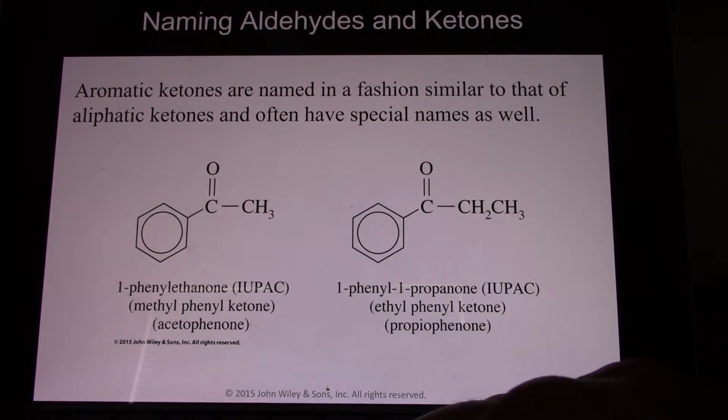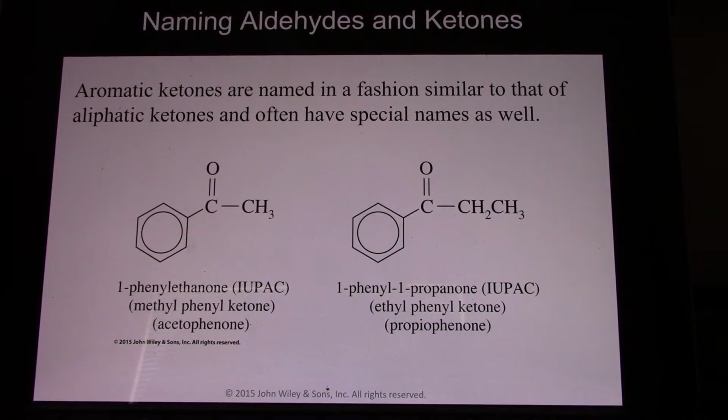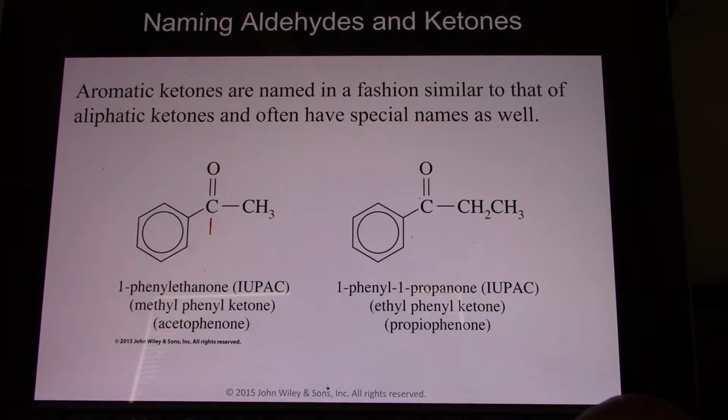And so the official name here is 1-phenylethanone, because the phenyl group is coming off of the 1 carbon. Or the common name, methyl phenyl ketone. Over here, ethyl phenyl ketone, or 1-phenyl-1-propanone.